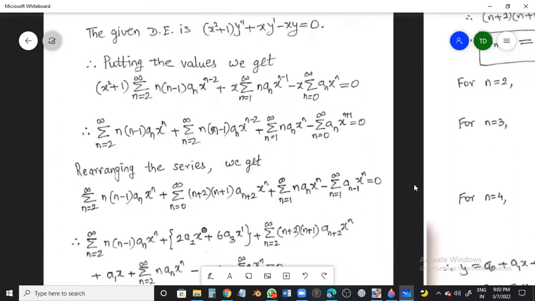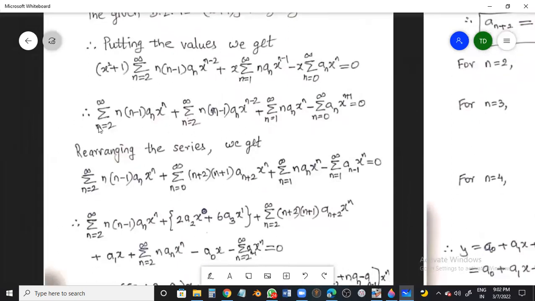So what is going to happen? This will be summation. I multiplied by x square inside, so n into n minus 1 as it is, summation starts with n equal to 2 onwards. That is also as it is. x square multiplied by x raised to n minus 2 becomes x raised to n.